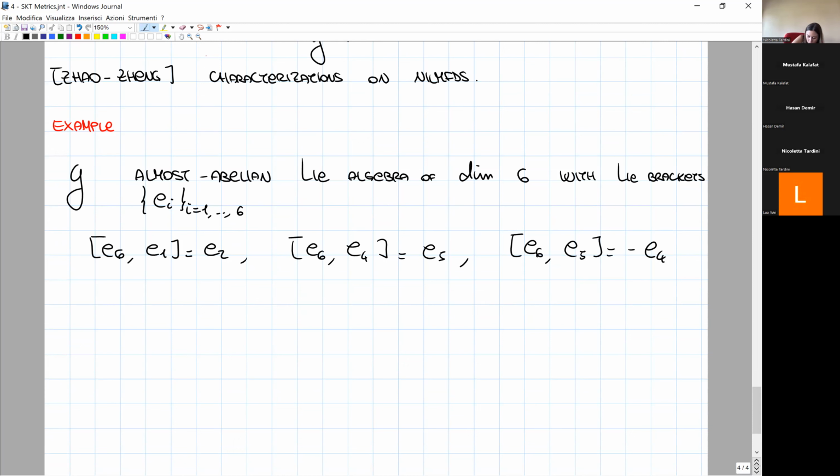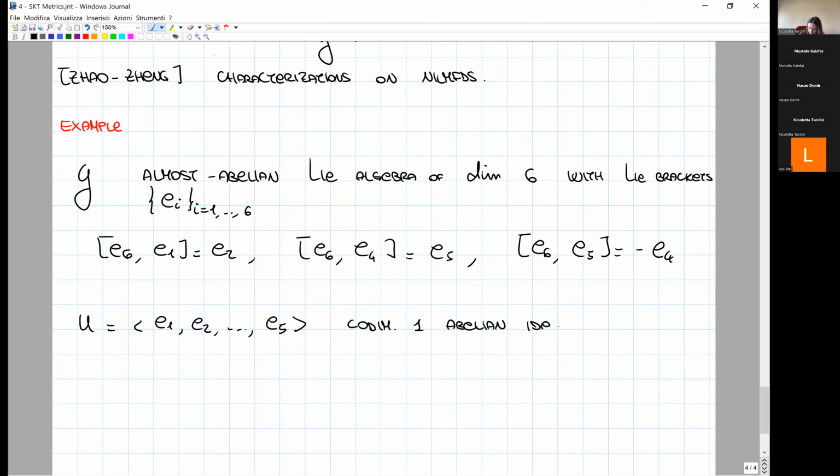So the codimension 1 subspace u, generated by e1, e2, and so on up to e5, is a codimension 1 abelian ideal in g. Because if you take any Lie brackets among these elements, they are all 0. So this is abelian and has dimension 5 in g.